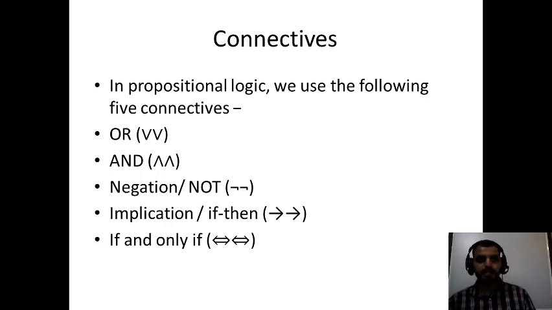Here our context of learning is to get some results from this truth table, based on soft computing. So what is the first one? The first one is OR, the second one is AND, the third one is negation or NOT, the fourth one is implication, and the last one is if and only if.